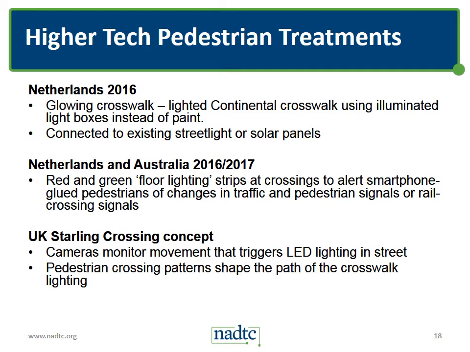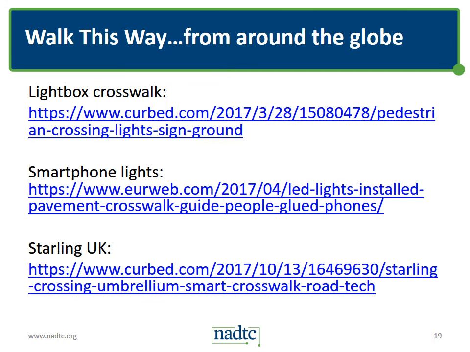A much more advanced concept would be the United Kingdom's Starline crossing concept, where crossing patterns are lit on demand based on pedestrian path of travel and vehicle interaction. If you'd like to read more about the use of lights in crosswalks, I'm providing links on slide 19 to the Netherlands project, the UK Starline concept, as well as the example of the floor lighting that's for the smartphone users.